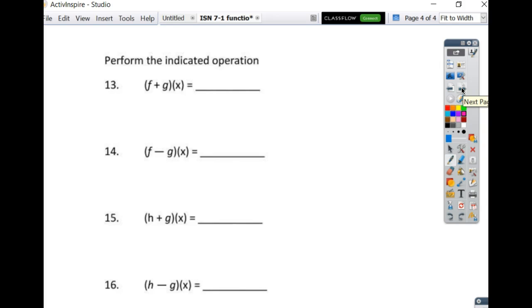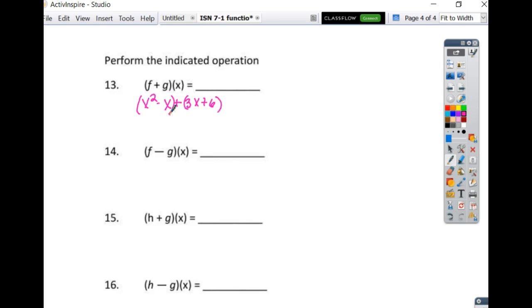So on number 13, what is it asking you to do? I'm going to add them together, right? So is that hard? So my f is x squared minus x plus my g. So here's my f, and here's my g.